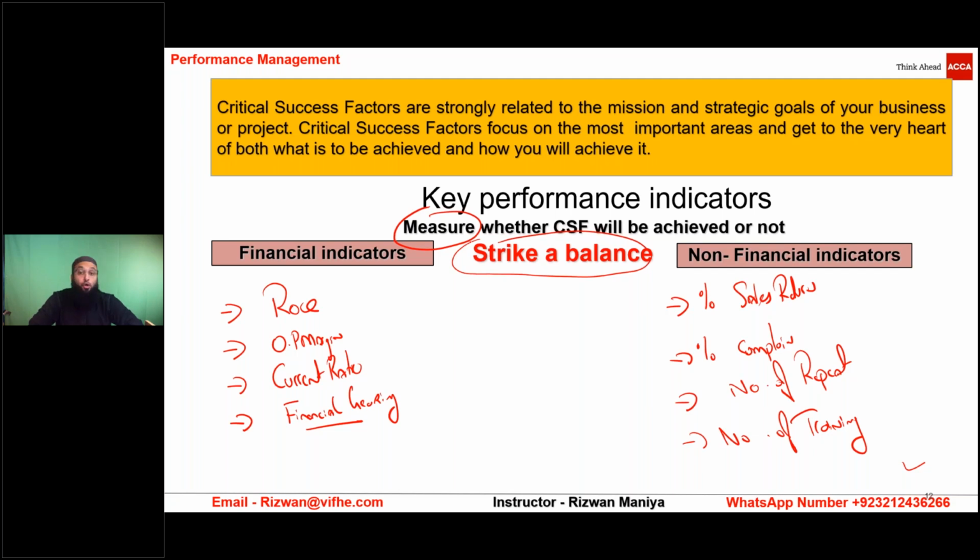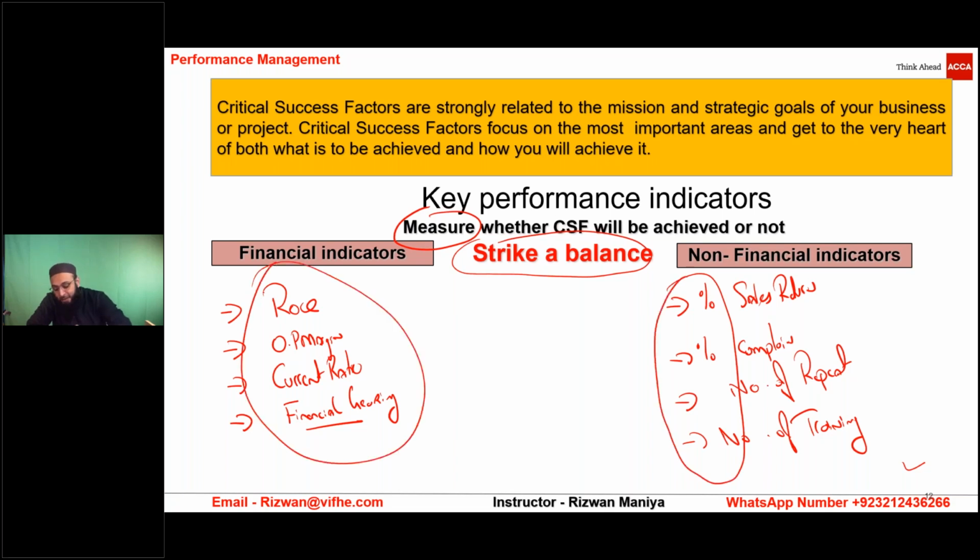So for the future success of an organization, it's very important that your focus be on non-financials. These are NFPIs and these are FPIs, and to ensure the business is successful, you need to focus on both NFPIs and FPIs.